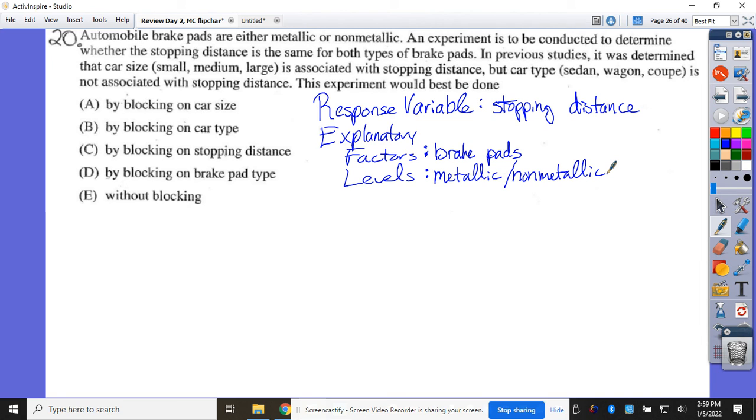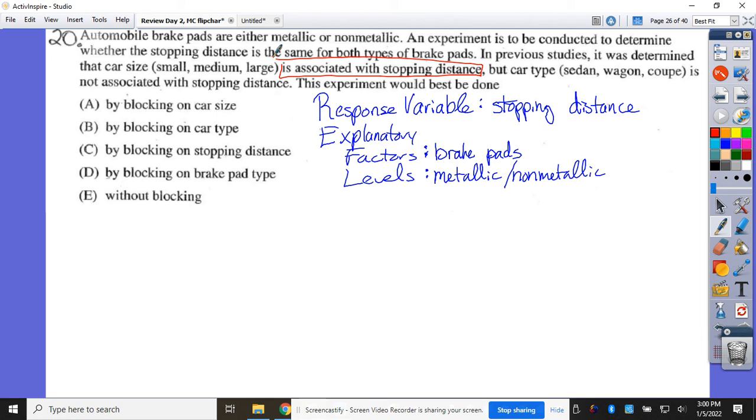And then it talks about these 2 other things. It talks about car size and car type. And it talks about their relationship with what of these? The response. So one of them is associated with our response, which means it could possibly create what?